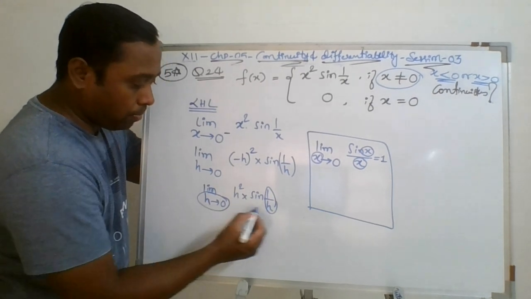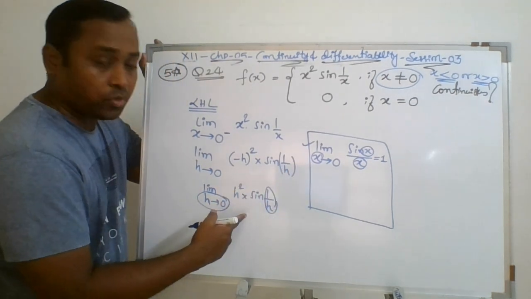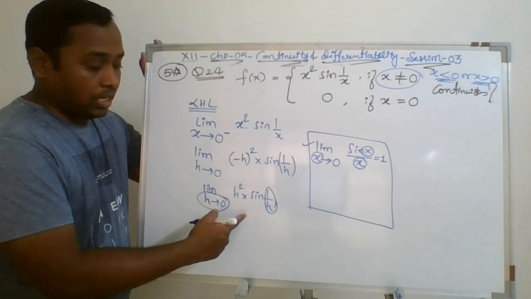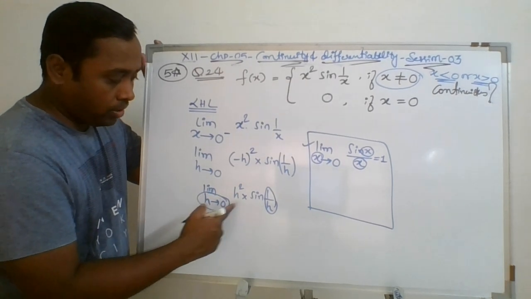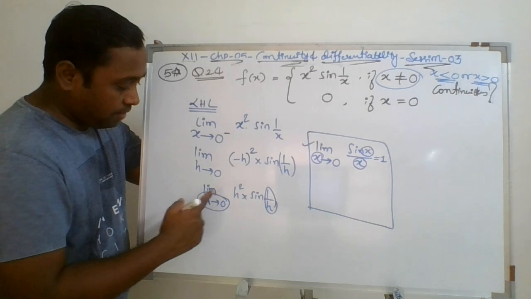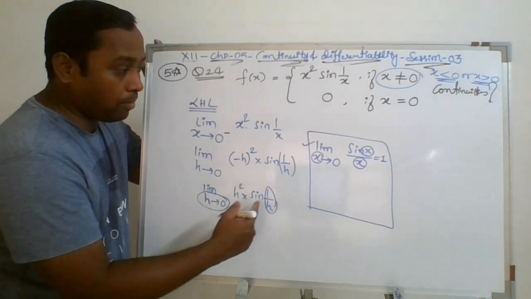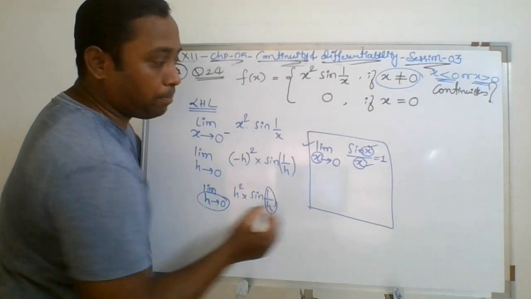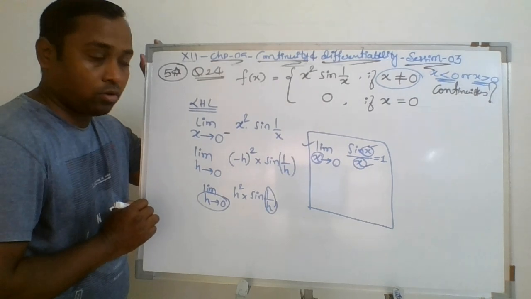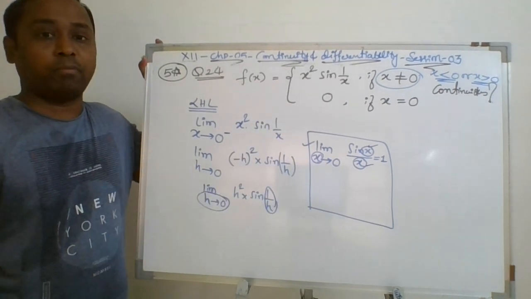So you cannot apply this formula here to simplify further, because we require h only. If it is h tends to 0, it must have h. If it is theta tends to 0, it must have theta. Then only you can apply it. Whatever x is tending to 0, that must be the same. Then only you can apply the formula. So now we start over here to simplify.